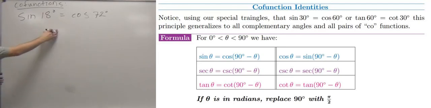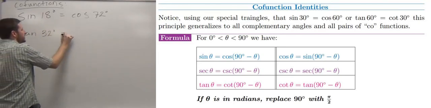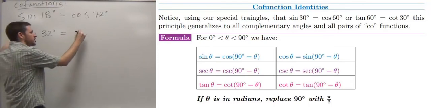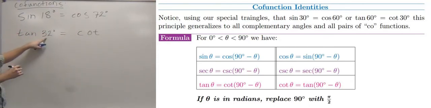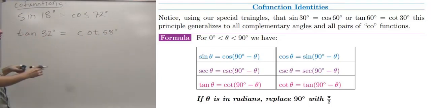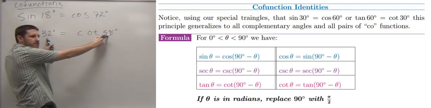And it's true for any pair of cofunctions. So tangent of 32 degrees should be equal to what? Put a co in front of this. Instead of tangent, change it to cotangent. And instead of 32, 58. So all cofunctions are equal if the angles add up to 90.